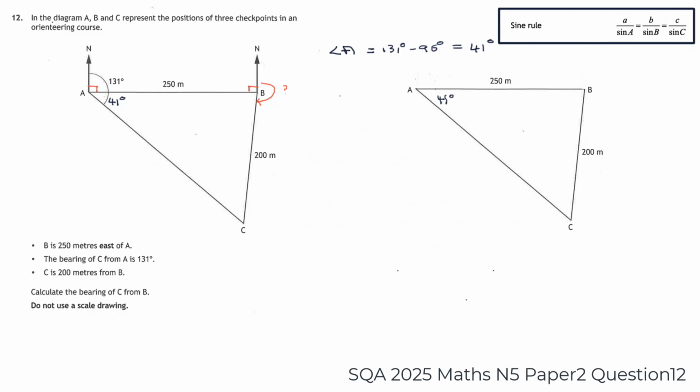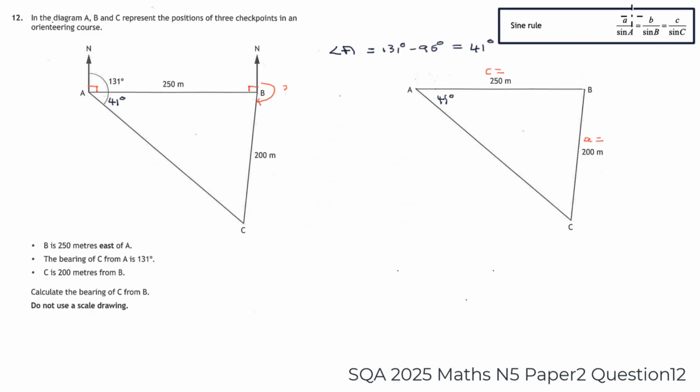And what these little letters mean, remember, is the side opposite angle A is called little a. The side opposite angle C is called little c. Side opposite angle B is called little b, but we don't know anything about that one.